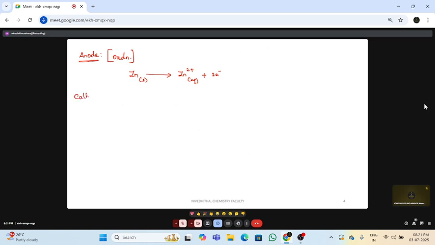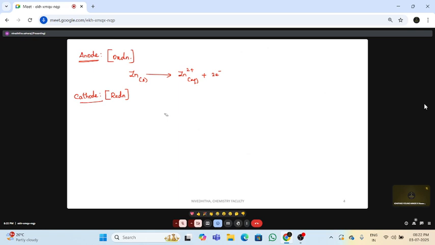And in the cathode, it was reduction, which was reduced. The copper 2+ ion, which was present in the aqueous medium, gained 2 electrons to get converted into copper.